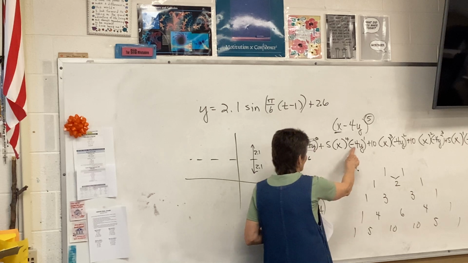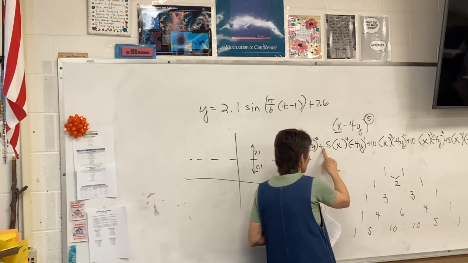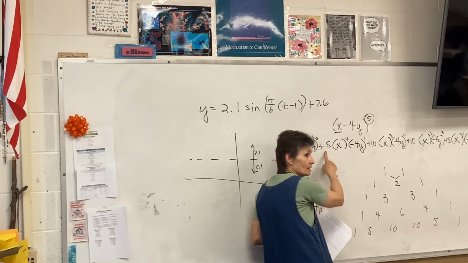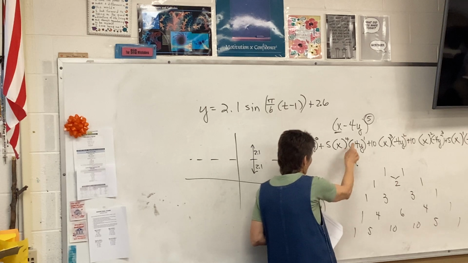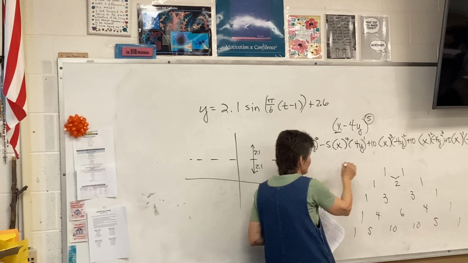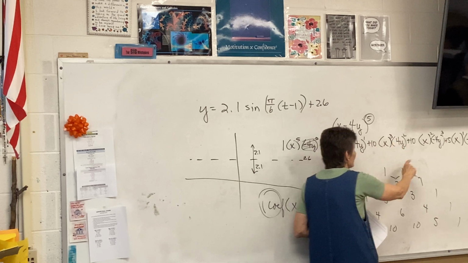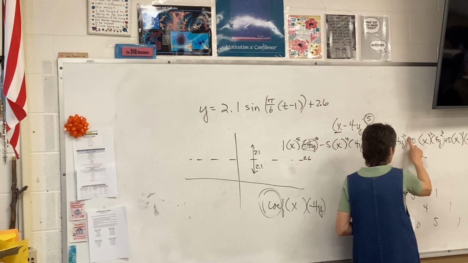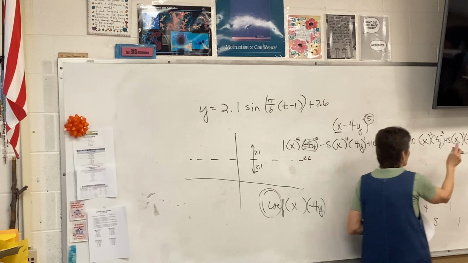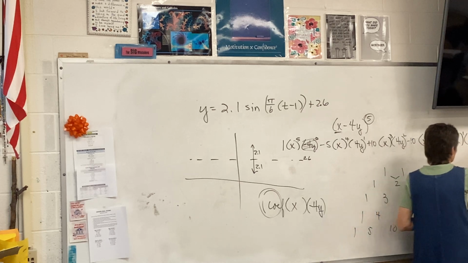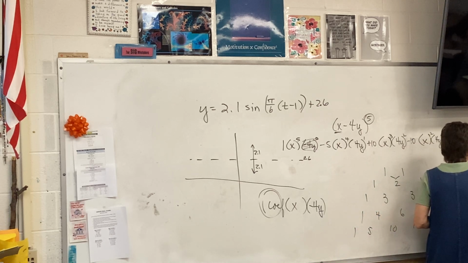But this term will actually become a negative term. Do you see that? So that is actually going to become a negative 5. Now this one's going to stay positive because it's squared. This one will become negative. That one will stay positive, and this one will become negative.